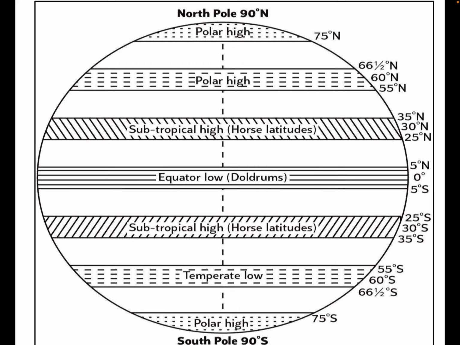In this image we can see the equatorial low pressure belt, then the subtropical high pressure belt. The equatorial low pressure belt is also known as the doldrums, and the subtropical high pressure belt is also known as the horse latitudes. Then there is a temperate low pressure belt.